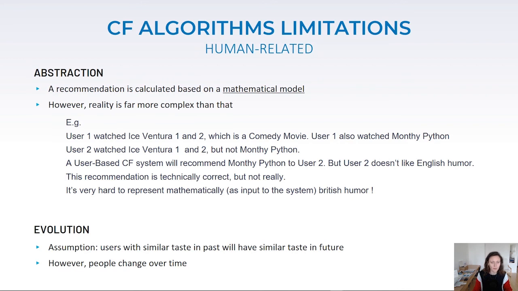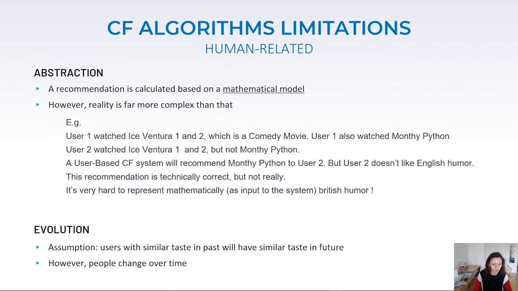And we both saw Ace Ventura 1 and 2. So the system assumes we are similar users. But what happens if you don't like English humor? Or you don't like an actor in Monty Python, so you don't really like Monty Python, but the recommender system assumes you like it, and it's very hard to quantify and express mathematically English humor, for example.